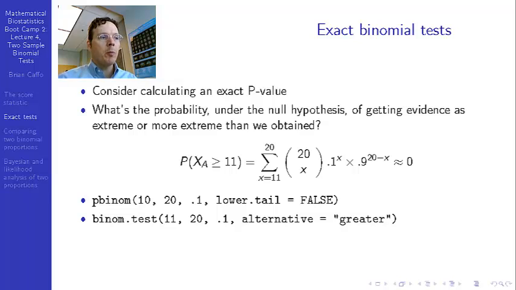If we do lower.tail = FALSE, in other words, we want to calculate the greater than probability, it does strictly greater than. So lower.tail = TRUE does less than or equal to, so it includes 10. With lower.tail = FALSE, hence greater than, it's strictly greater than, so it starts at 11. So pbinom(10, 20, 0.1, lower.tail = FALSE) is going to calculate the probability of 11 plus 12 plus 13 plus 14 plus 15 plus 16 plus 17 plus 18 plus 19 plus 20.